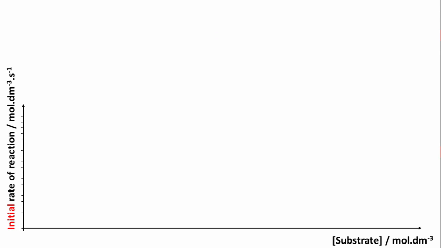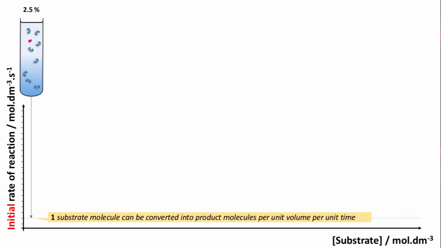So we had our 2.5% substrate concentration, and at that concentration, because there is just one substrate molecule that can be converted into products per unit volume per unit time, that would also give us an initial rate of 1.